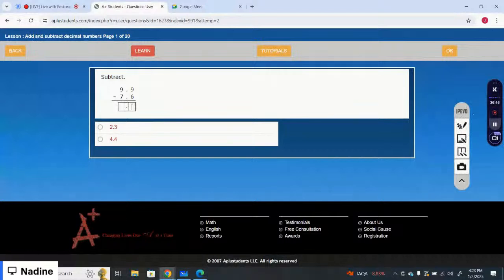So which is the correct option? That is 2.3. Option number one is the correct option.